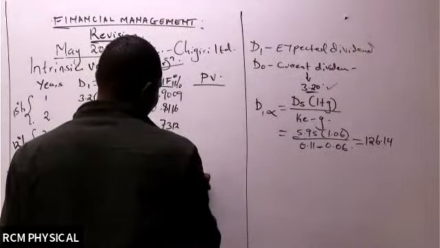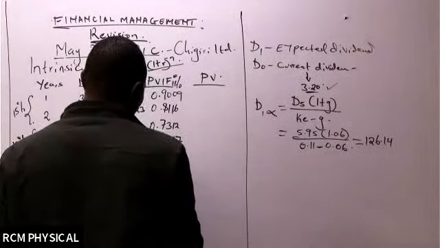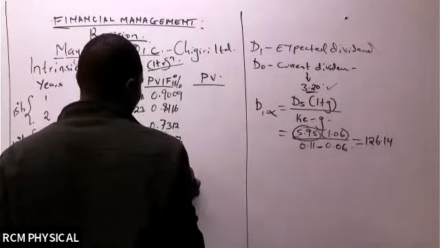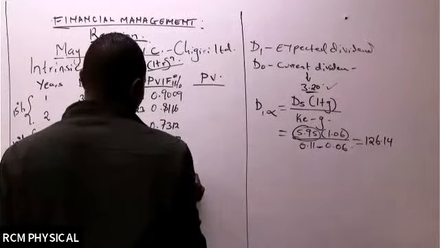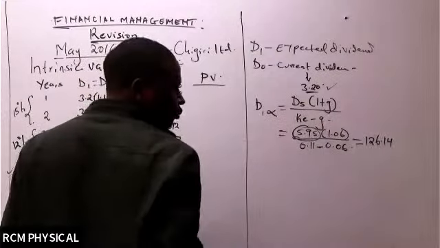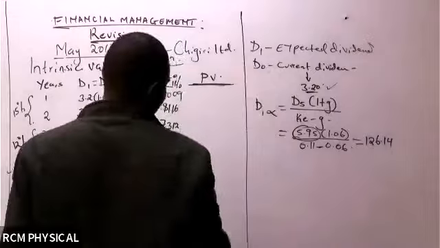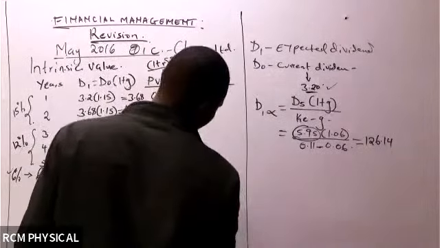You draw the one for the previous year. Now you just drop down. Let's get the present value, then you get the summation to get the intrinsic value.